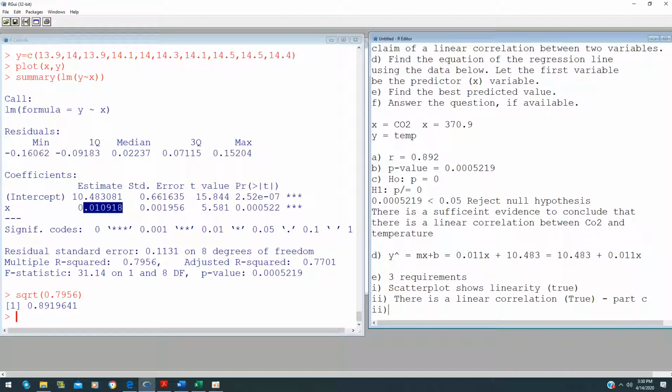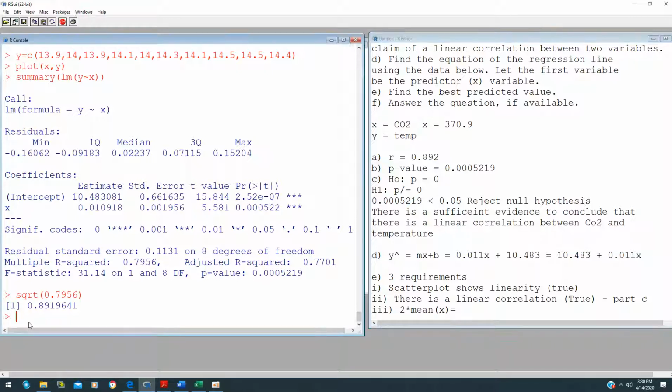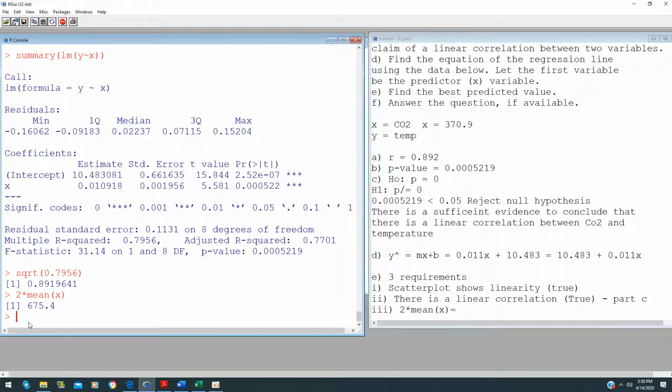For the third one, you want to figure out there is no extrapolation. So how do we figure out there's no extrapolation? You take 2 times the mean x. So in this case, you just use your r. 2 times the mean x. That is 67.4.